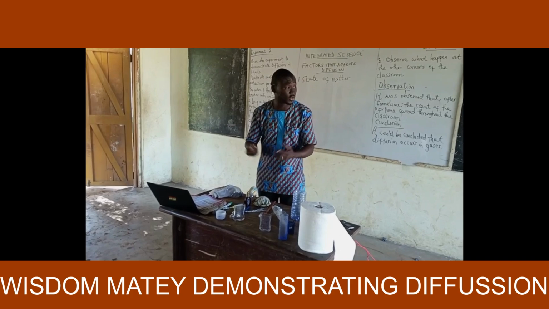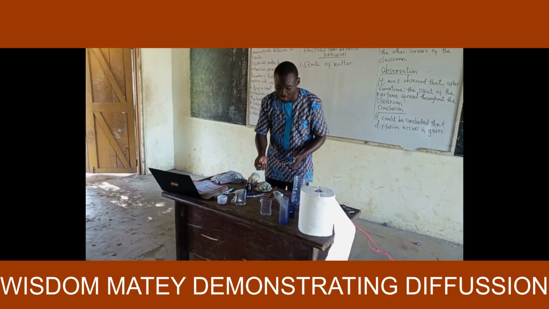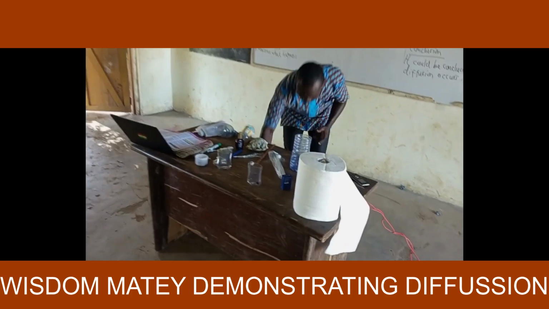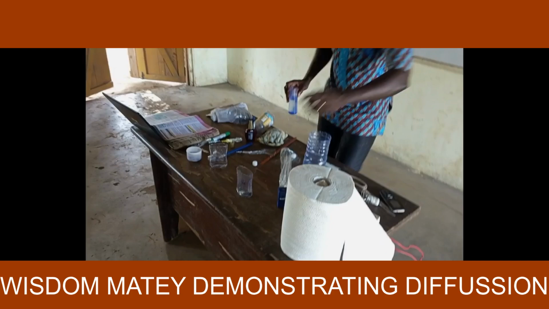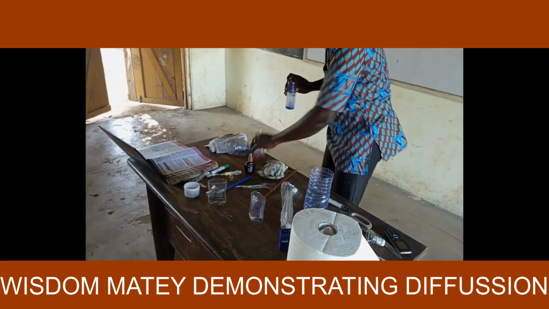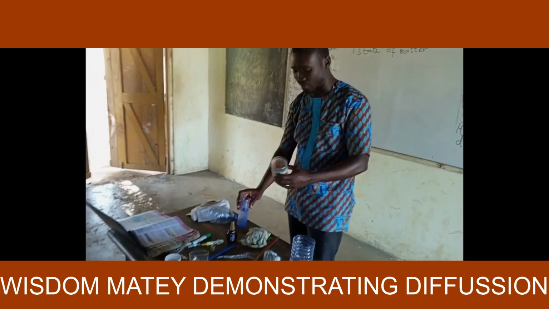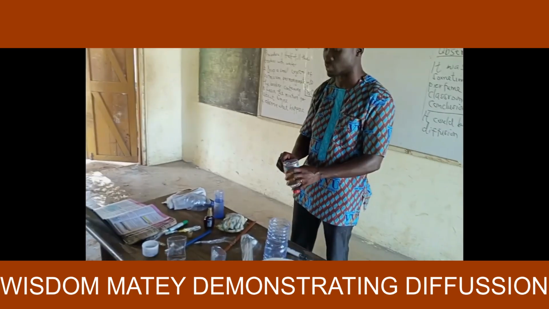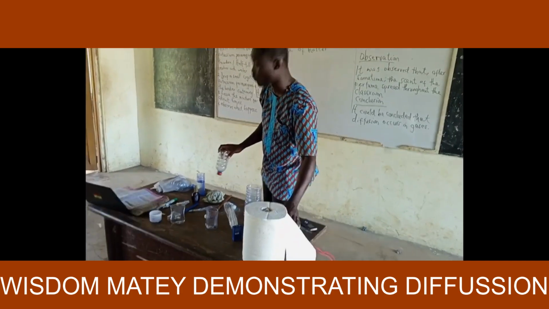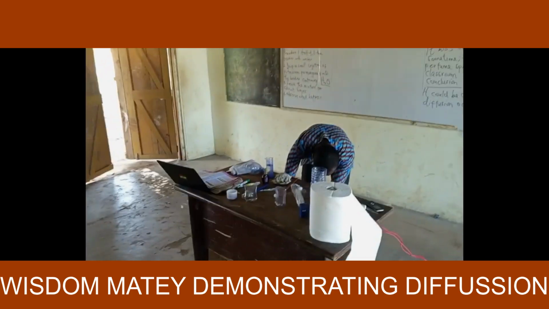Diffused. Let's do that and check. Now, I have this. Let me add some water. Let me use a different container for that. Why a different container? Because there are some crystals of potassium permanganate in it.